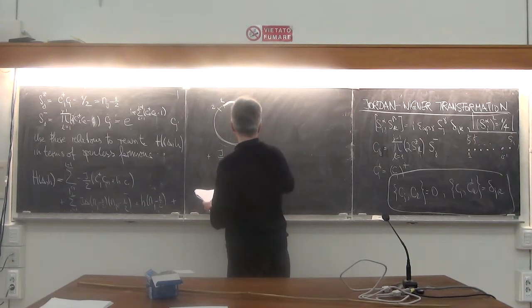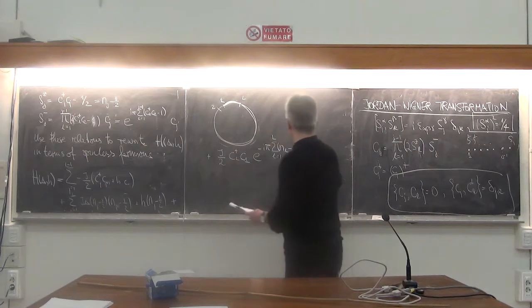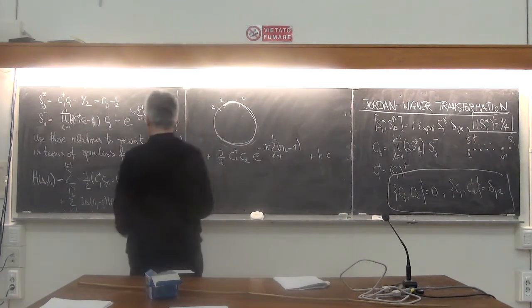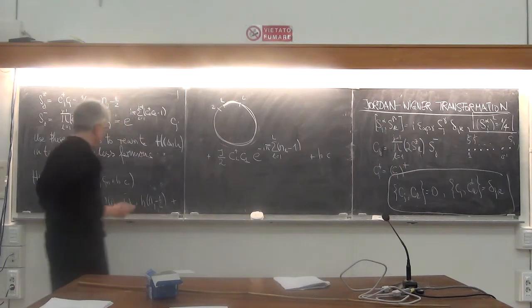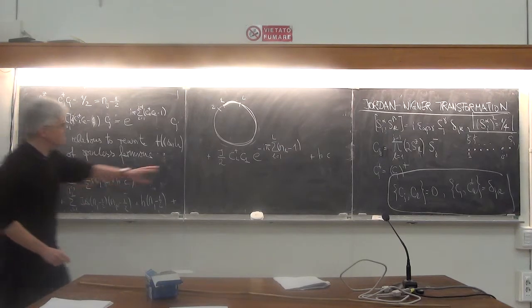Well, let's try that. E to the minus i pi, sum l equals 1 to capital L, n l minus 1, plus Hermitian conjugate. And so what you get there is a hopping term.